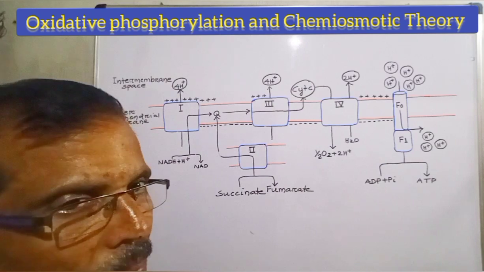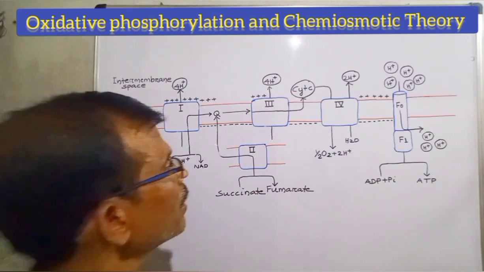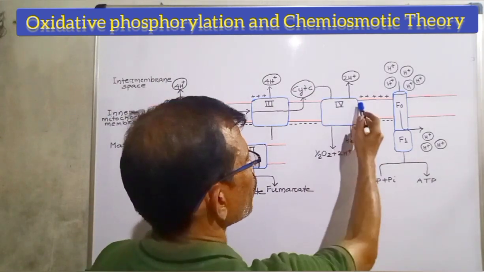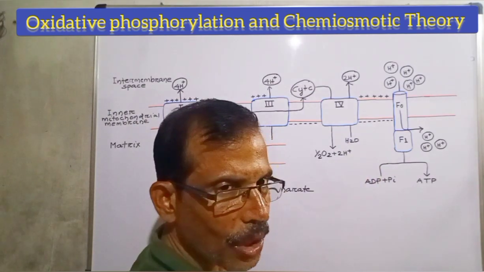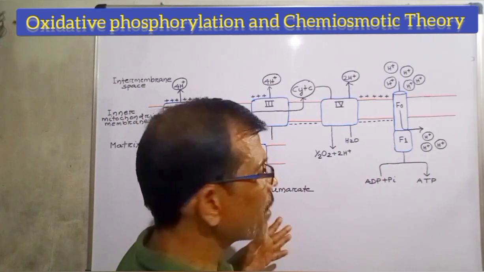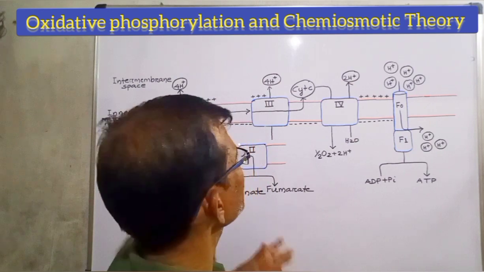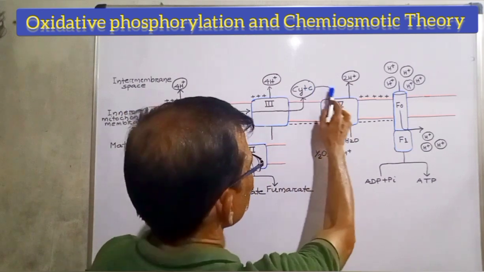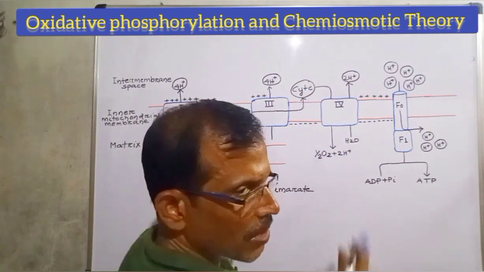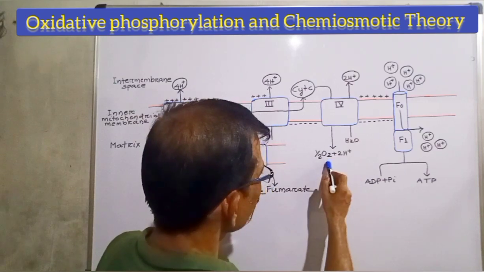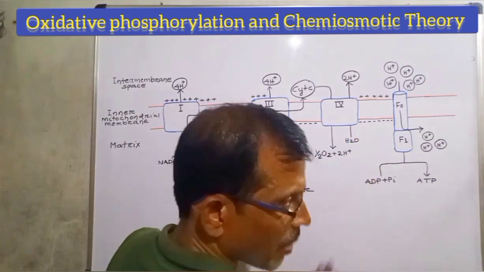In the final step of the respiratory chain, complex 4, also called cytochrome C oxidase, completes the sequence by transferring electrons from cytochrome C to molecular oxygen, as a result of which it is reduced to water.